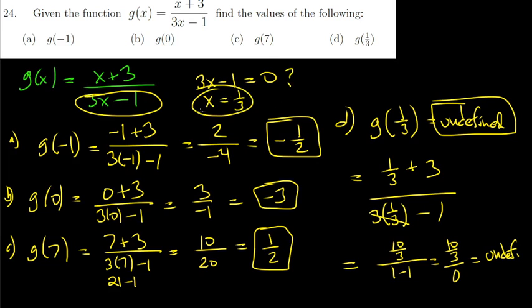Right, when x is 1/3. So 1/3 is a restricted value. We shouldn't have plugged it in the first place. It wasn't allowed into the function. Or, put another way, if you do plug it in, you get nonsense. You get nothing. Not 0, you get undefined. It's not a number.